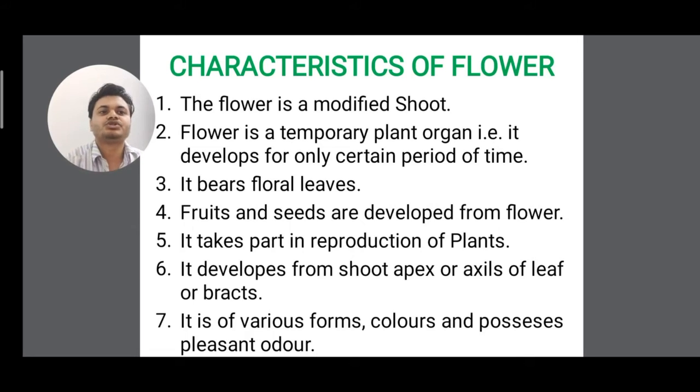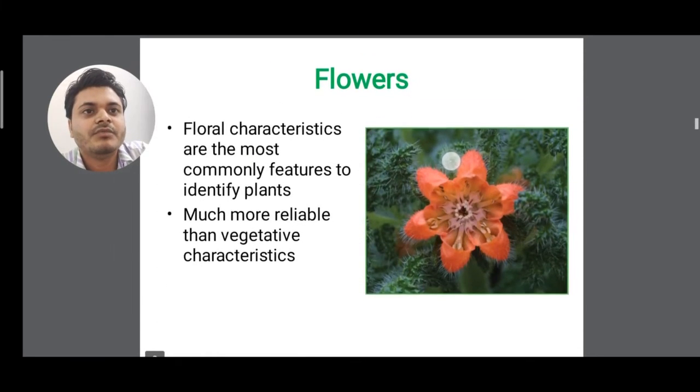It develops from the shoot apex or axils of leaf or bracts. It is of various forms, colors, and possesses pleasant odor. Clear? Pleasant means good smell, aroma.